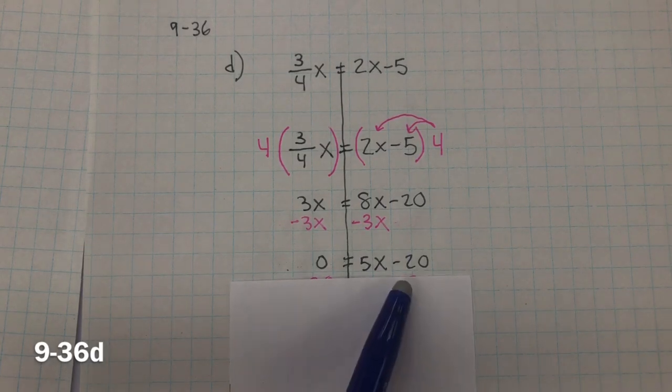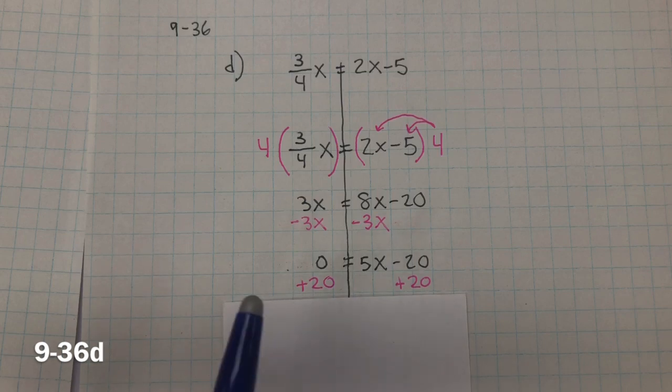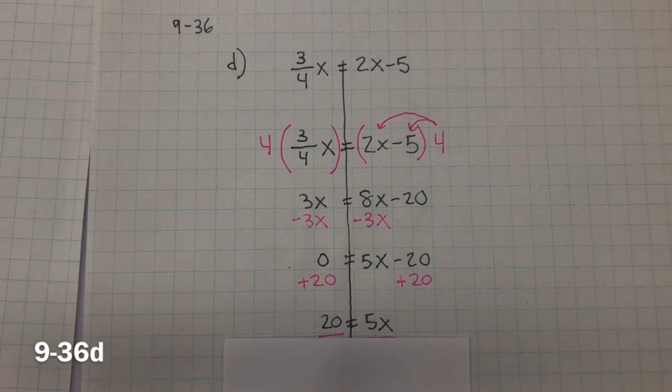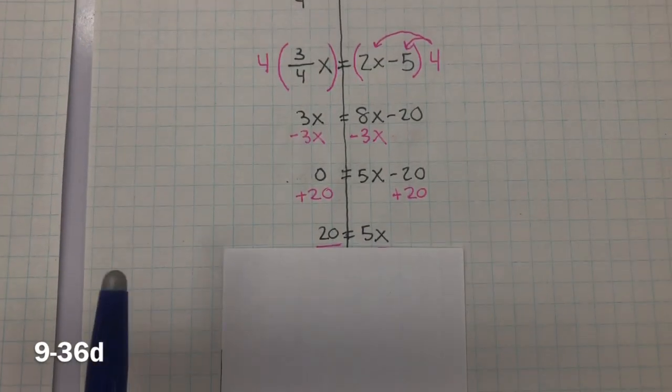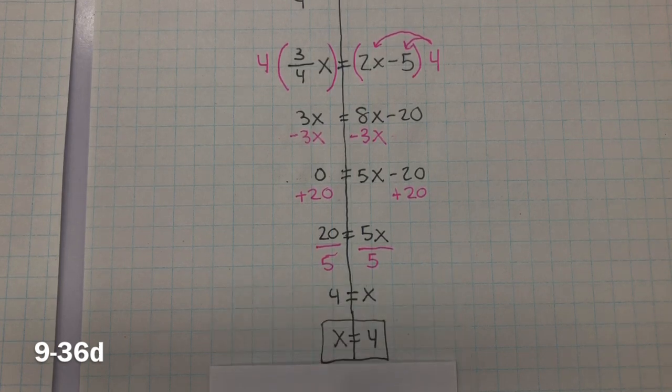Inverse property of subtraction is addition, so I'm going to add 20 to both sides. And now I have 20 equals 5x. Go ahead and divide both sides by 5. And we get 4 equals x, and x equals 4.